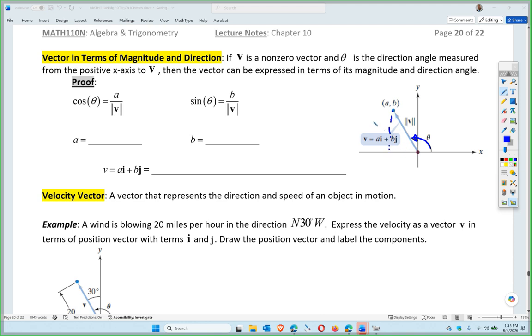So this is my opposite, and this is my adjacent, because this is your a and b coordinate, which is your x and y, correct? That gives you your r value here. So if I multiply by the magnitude on both sides, I do that over here, and do that over here.